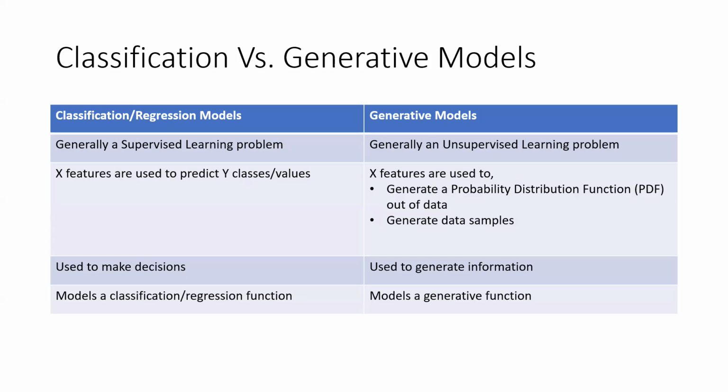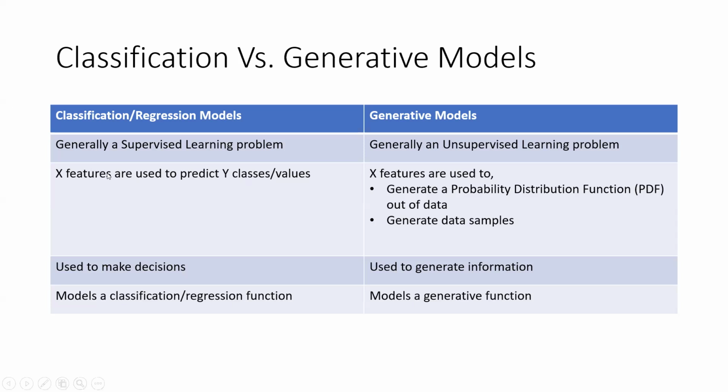Right? All the lessons that we have covered are about supervised learning algorithms, right? So classification and regression models are generally using supervised machine learning, where we should have a labeled data set.